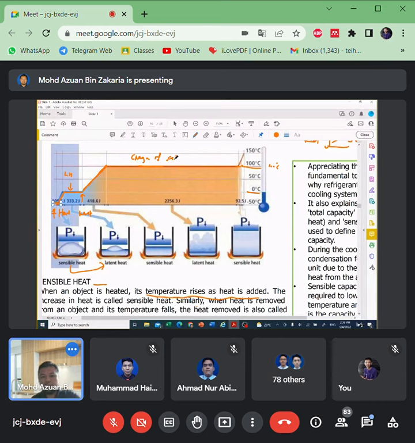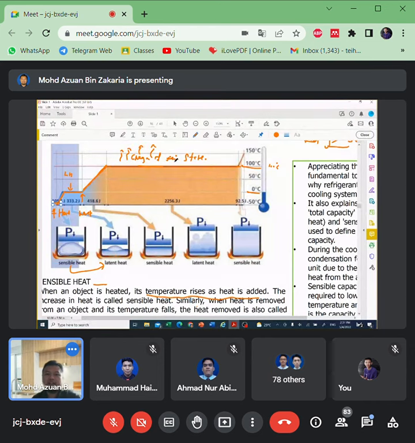So the heat is still there. There is 100 degrees Celsius heat. But it cannot go more than 100 because during this state, energy is being used to change the liquid to gas.